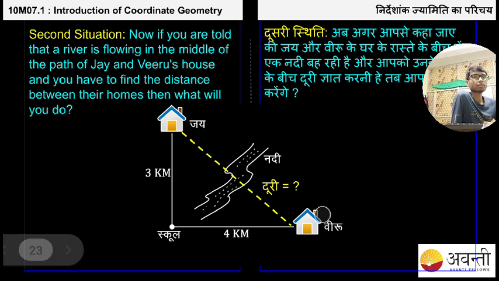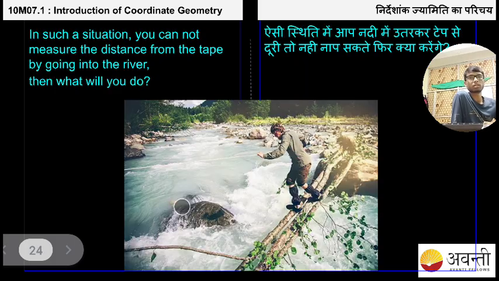Now in that case, what will happen? Let's say in such a situation, you cannot measure the distance by going into the river. Then what will be the right thing to do?